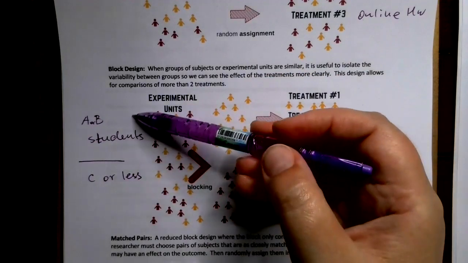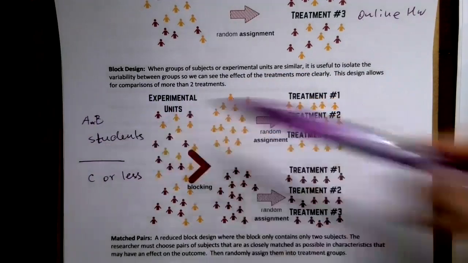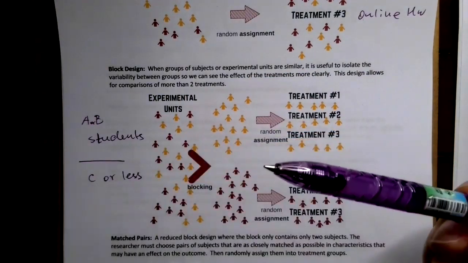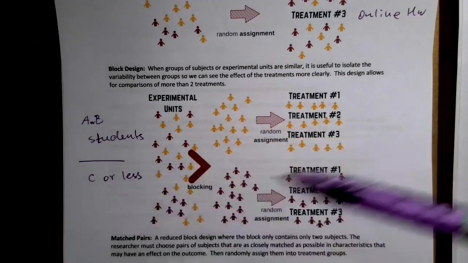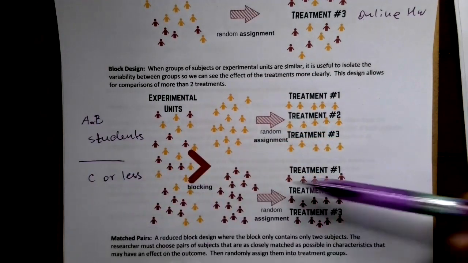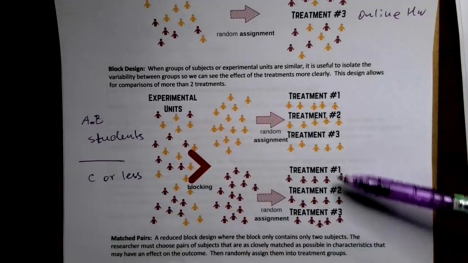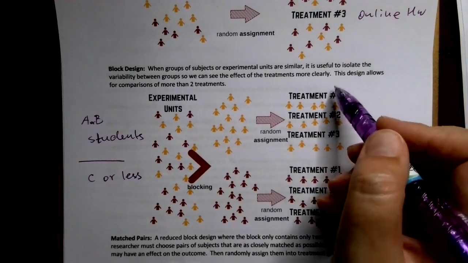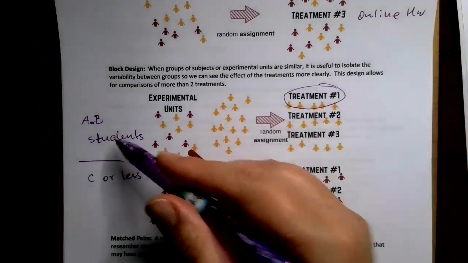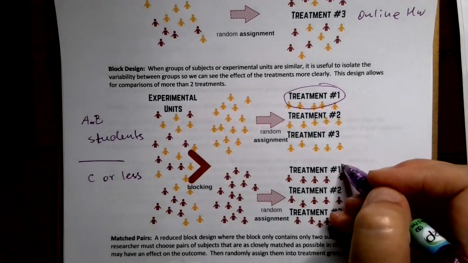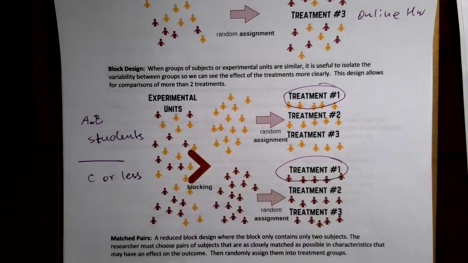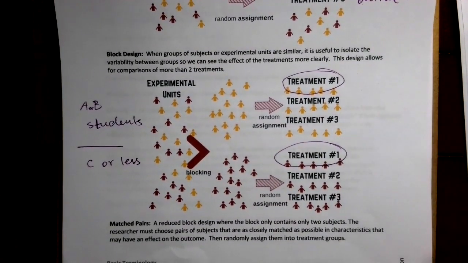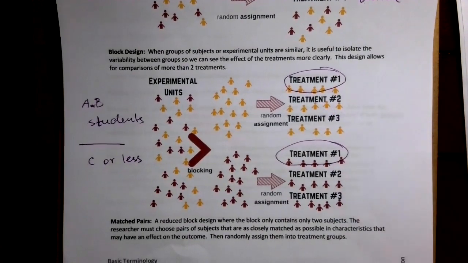And then I'm going to randomly assign people from the first group into one of these three groups, and people that got C or less on the first exam, I also randomly assign from that group to those same groups. So in treatment 1, I'm going to have some people from the A or B group, and also people from the group that got C or less, and similar for the other 2 treatments.